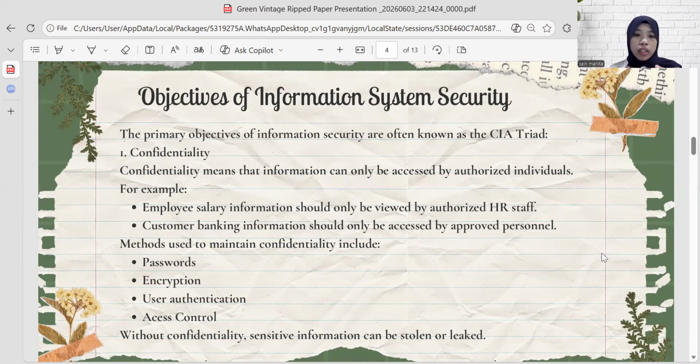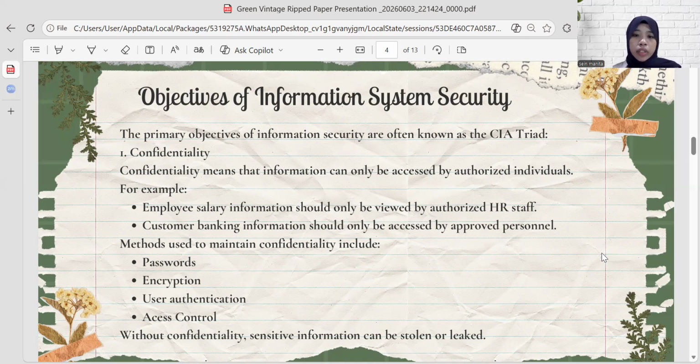Confidentiality means that the information can only be accessed by authorized individuals. For example, we have two examples here.